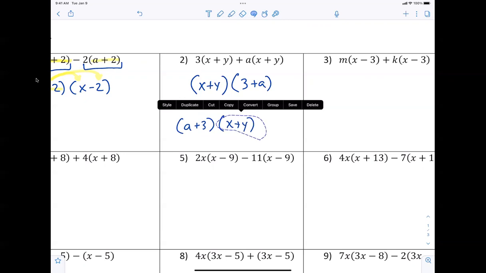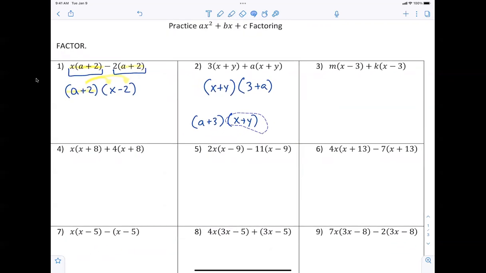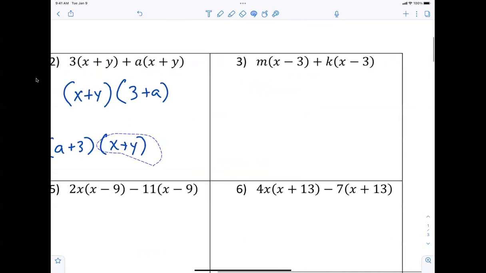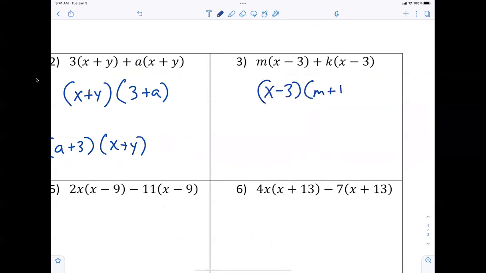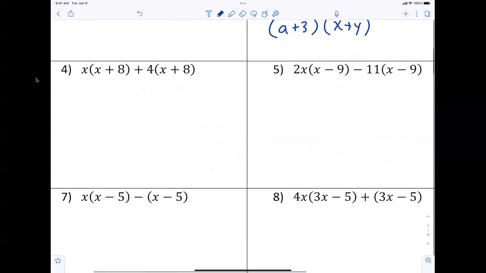Now let's just go ahead and get this done. Number 3, let's go. Tell me. That's right, X minus 3 and M plus K. Okay, Maya, go.